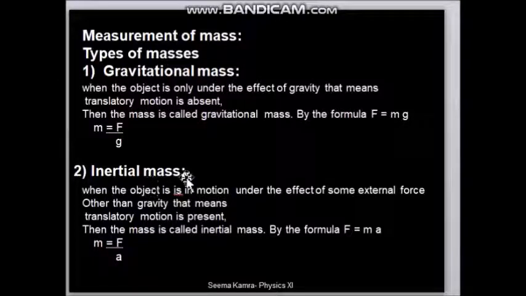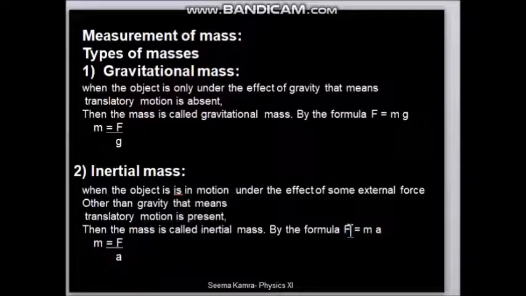And what about the inertial mass? Here the object has to move by any external force other than gravity. So when the object is in motion under the effect of any external force other than gravity, suppose a car is moving on the road, so obviously it is having some acceleration in the horizontal direction. So that time F equal to ma formula we can apply.